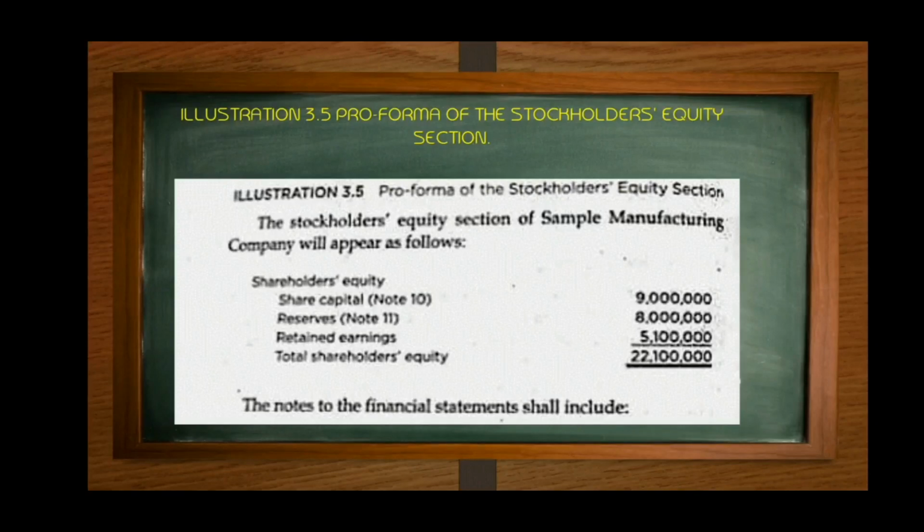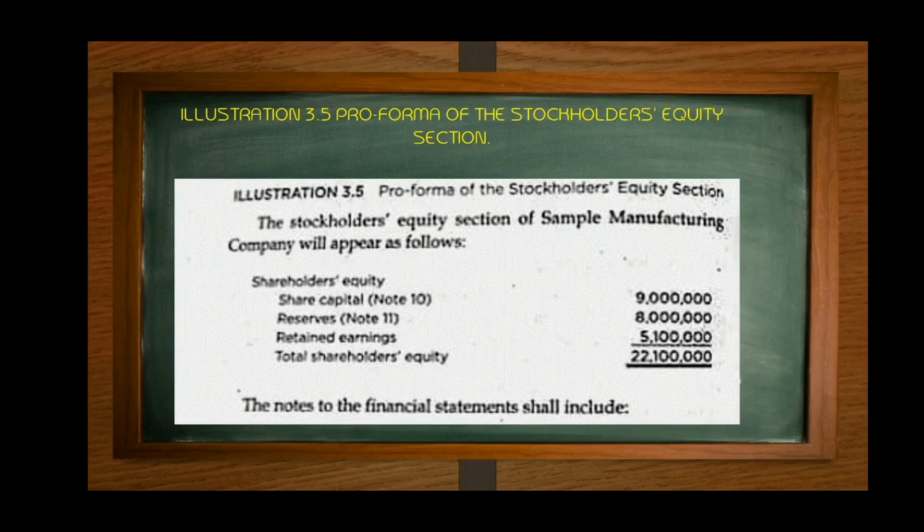Illustration 3.5, Pro forma of the stockholders equity section. Diyan sa illustration 3.5, pinapakita yung funds contributed by shareholders, equity, retained earning, reserve representing appropriation for retained earning, and reserve representing capital maintenance adjustment.